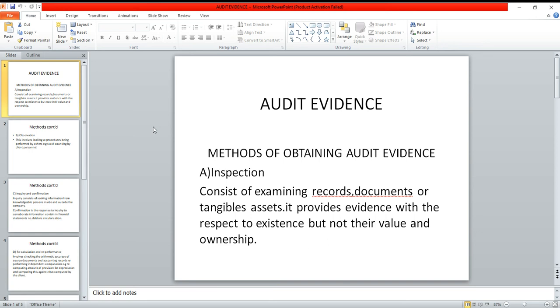So that is the definition of audit evidence.